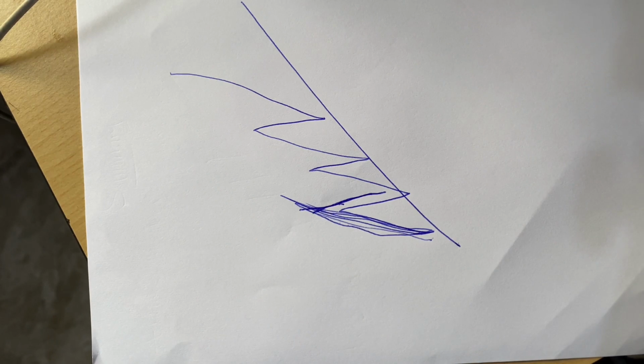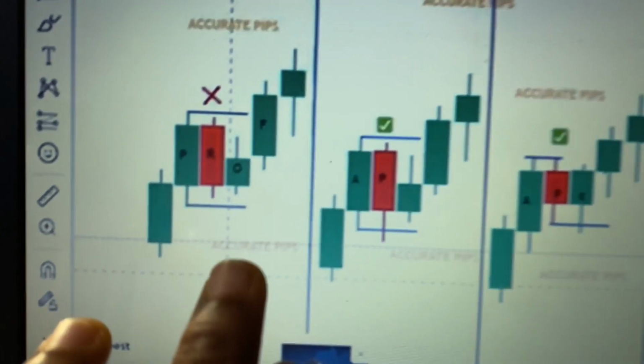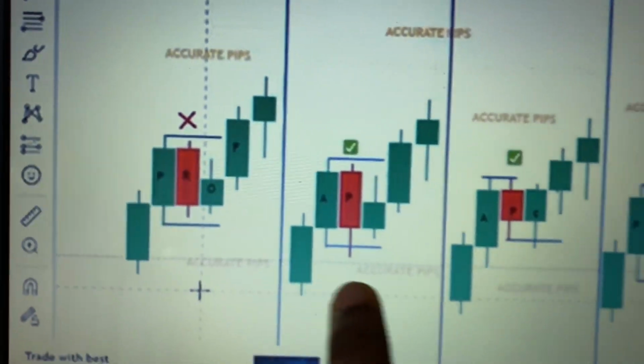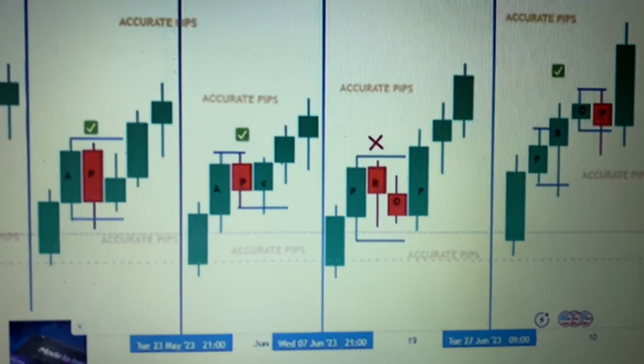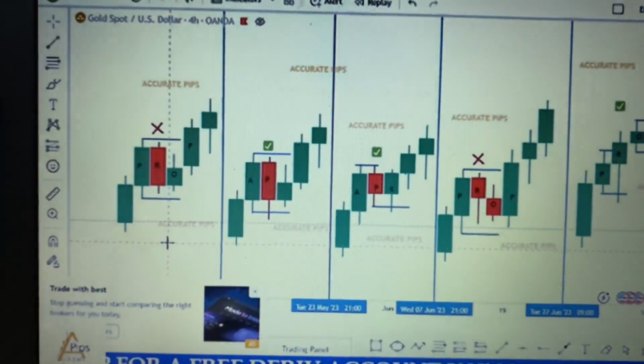Now, not every pullback is valid. We have invalid ones and the valid ones. So this lesson that I've just shown you on my screen is about how you can identify valid and invalid pullbacks.